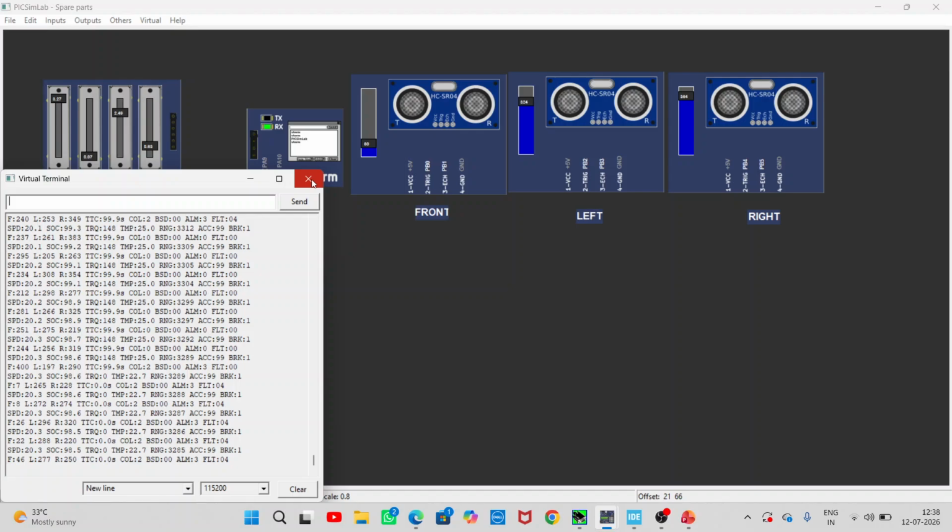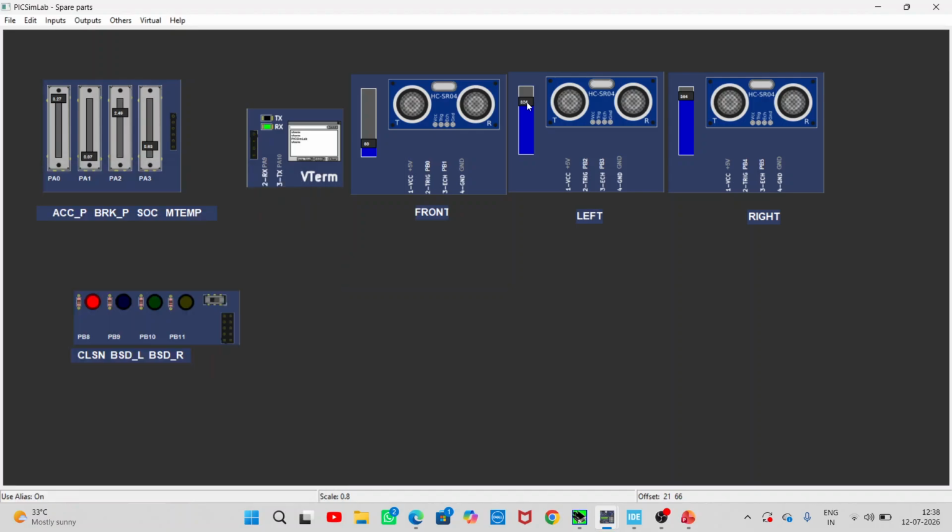We also reduce the BSD distance. When I reduce it to less than 30, it will indicate blue.